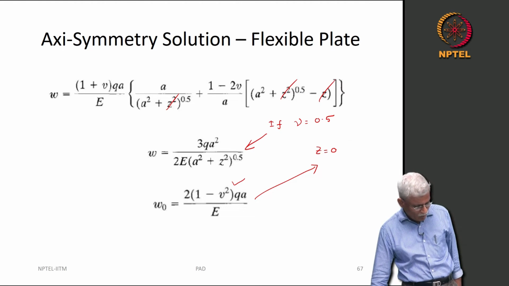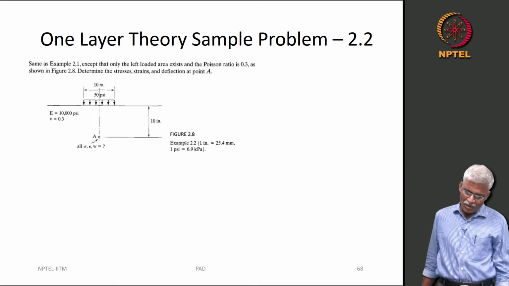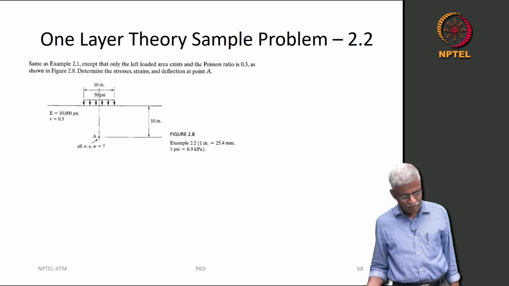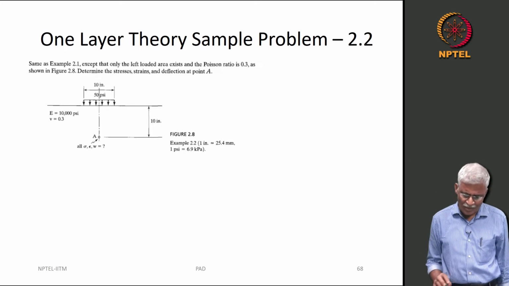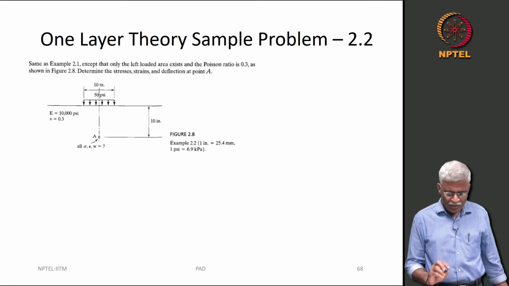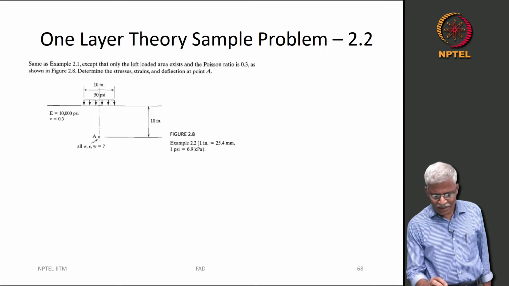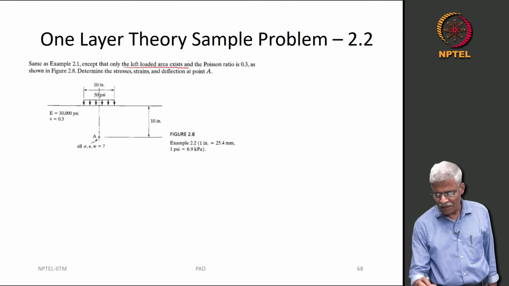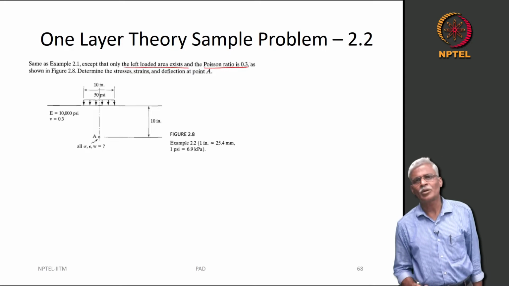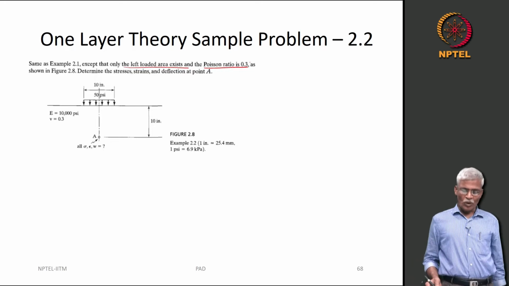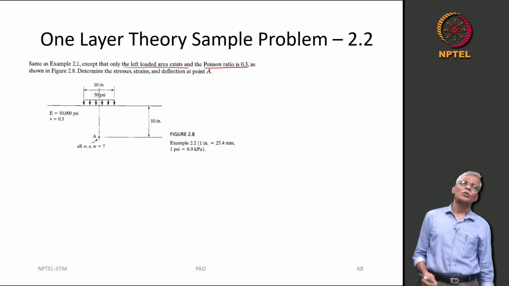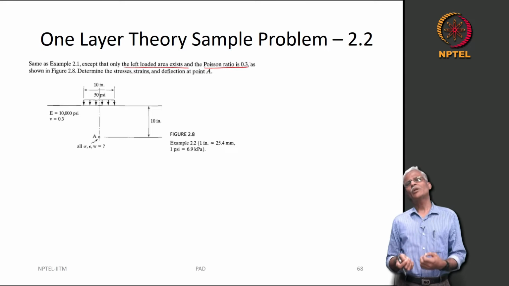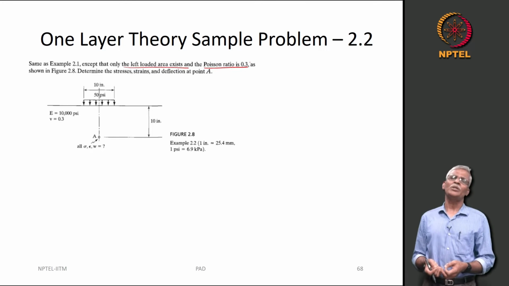Okay. So, now let us try to solve one simple problem. It is more or less the same as example 2.1, except that only the loaded area exists, and now Poisson's ratio is not 0.5, so what you really need to do is use the equations. All the charts that were shown to you were for a case when Poisson's ratio is 0.5.